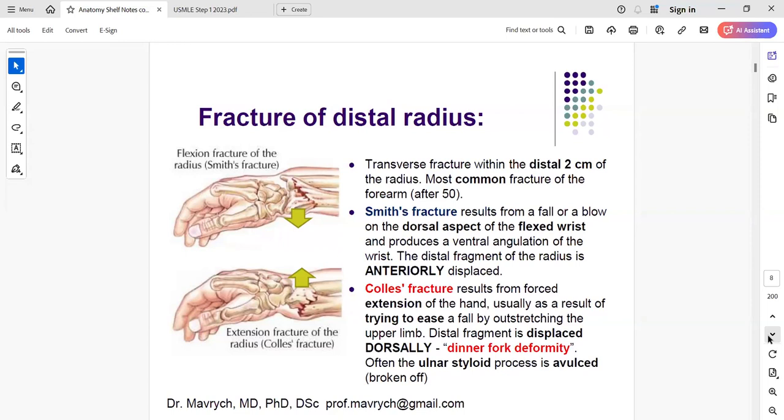Now what happens is when there's an impact, the bone would go distally, right? So it's also known as dinner fork deformity. It is often at the ulnar styloid process, and the chip, the part, is avulsed, which means it's broken off. So it's extremely severe. It's more severe than Smith's fracture.